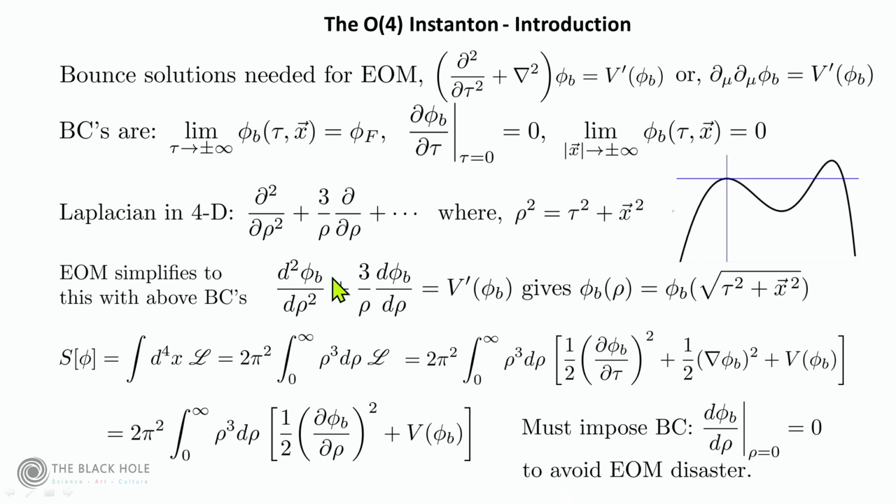And of course, there's this thing over here. We have a second-order differential equation. We have to impose some constraint on it. That constraint is the boundary condition that d phi by d rho has to be 0. You see, that's necessary because when rho is 0, this would otherwise be infinite.